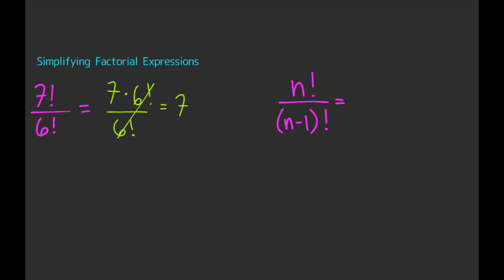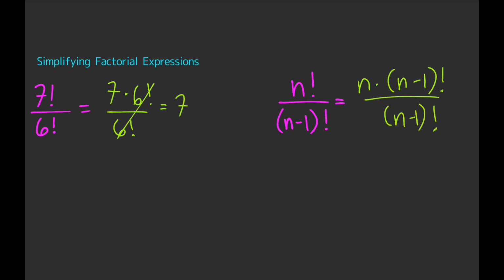We're basically doing the same thing with factorial expressions. On the right side, we have n factorial over n minus 1 factorial. And what we want to do is cancel out the n minus 1 factorial in the denominator, right? So we're going to expand the n factorial to n times n minus 1 factorial over n minus 1 factorial.